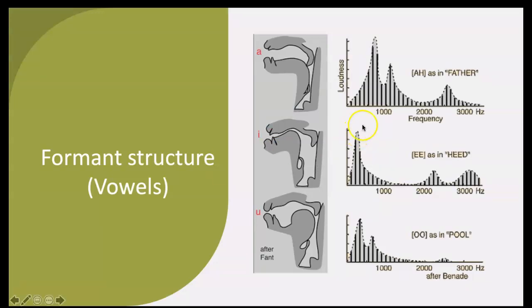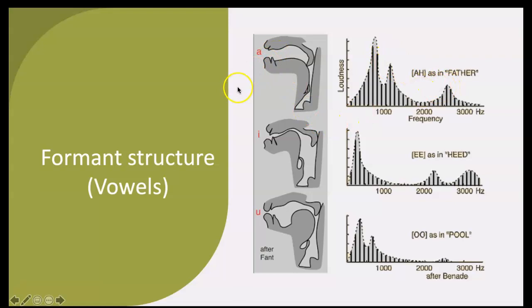So when we talked about resonant properties in chapter 1, first week of class, when we talk about resonant properties for speech production, for vowels in particular, we talk about formant structure, okay, where this is F1, this is F2, and this is F3, okay.